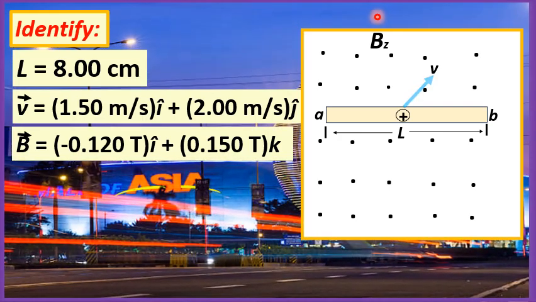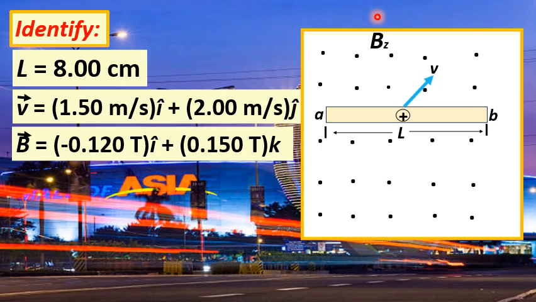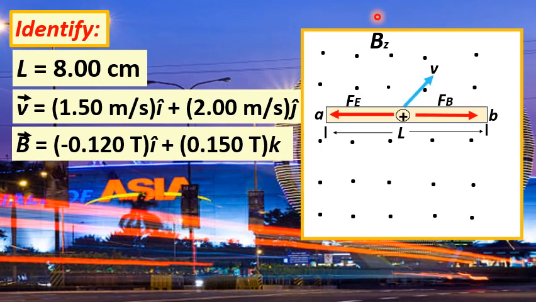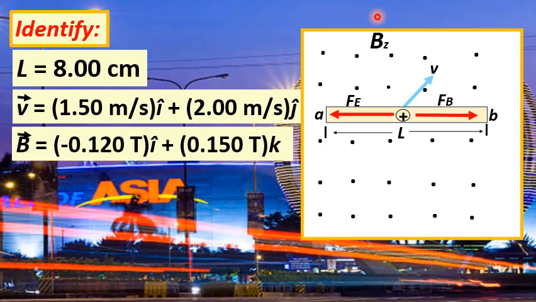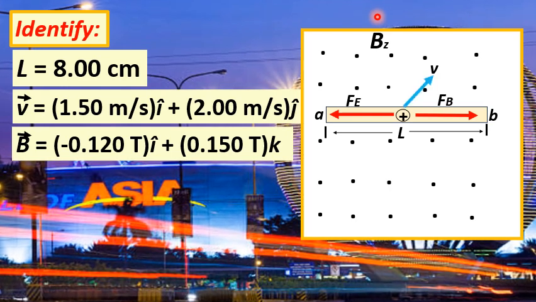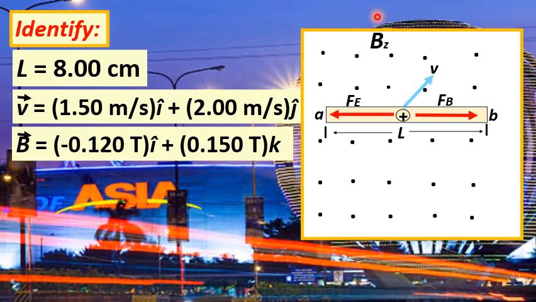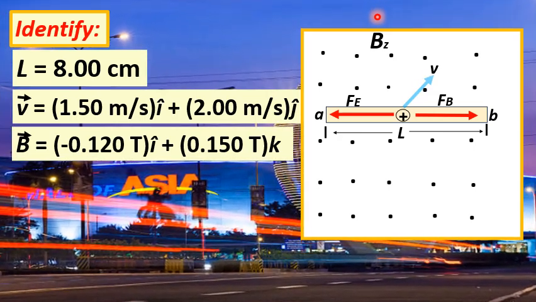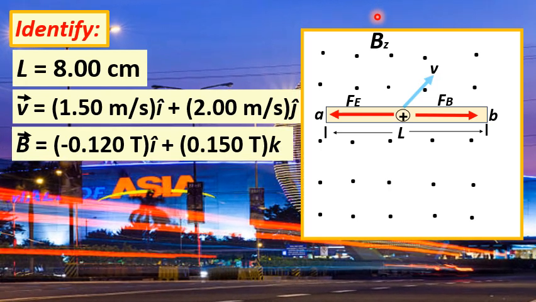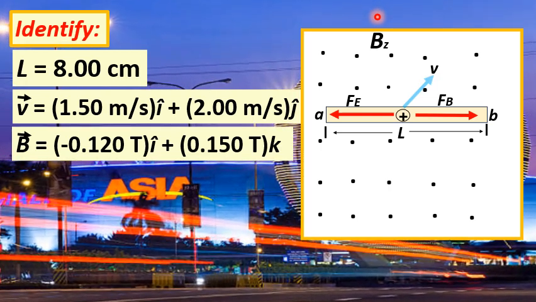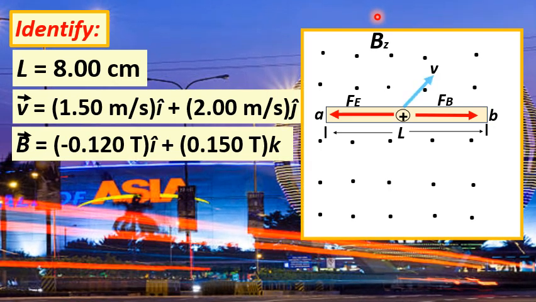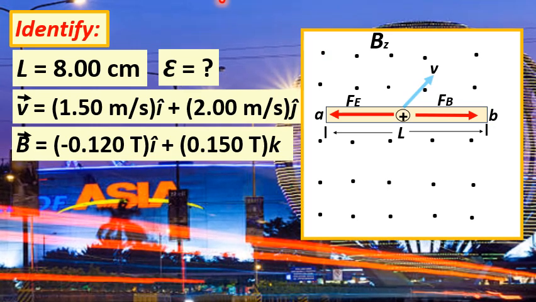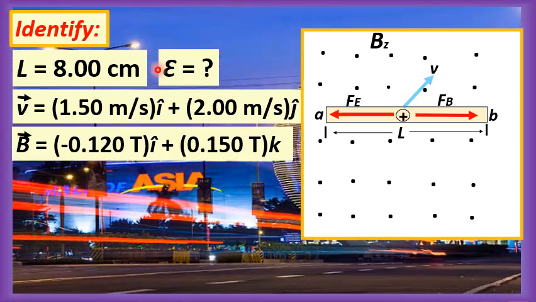So just like in the discussion of problem number 1, the positive charges within the rod are pushed from end A to end B by the magnetic force FB, and this results in an electric field directed from end B to end A, with an electric force directed opposite to the magnetic force. Our target variable is the magnitude of the motional EMF, denoted here by epsilon.